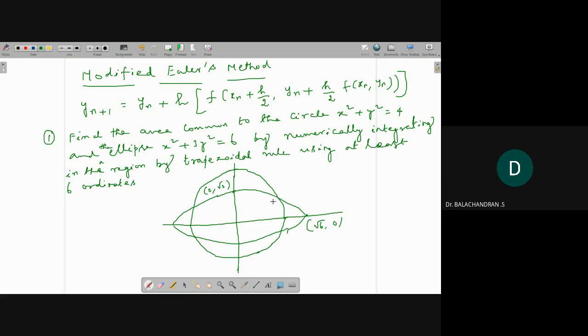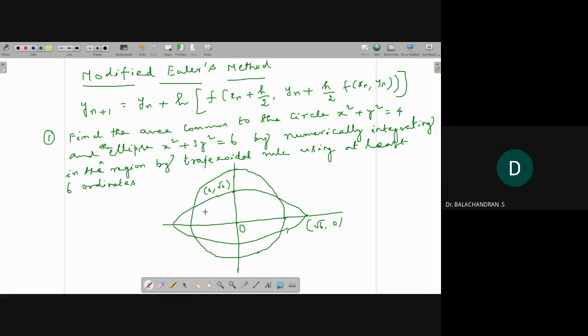Okay. So this is the circle. So this is the origin. Actually, find the area common to the circle and the ellipse.